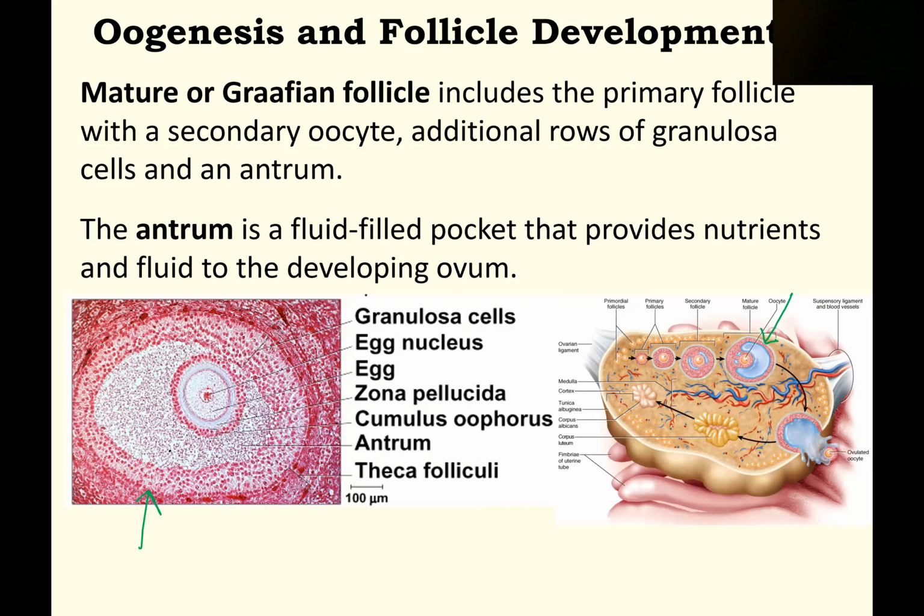It includes the primary follicle, which is this area here with that darker area. Now it has a secondary oocyte and additional rows of granulosa cells, the darker ones. And this light colored area is the antrum. The antrum is a fluid-filled pocket that's going to provide nutrients and fluid for the developing ovum.